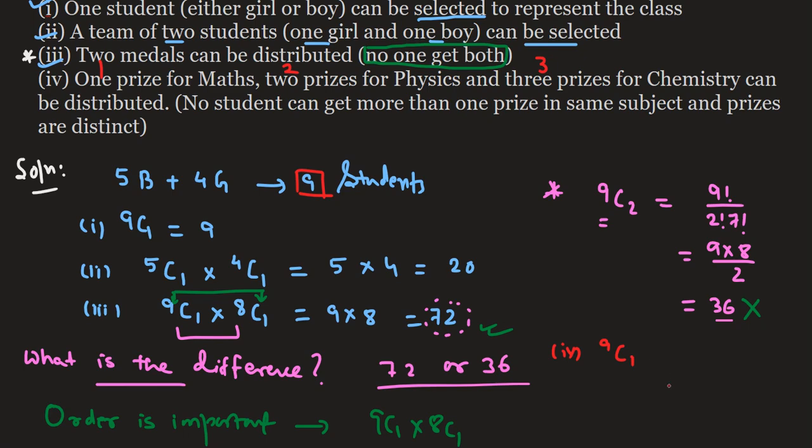Now among these 9 students, I am calling any 2 students for the physics books. Out of 9 students, if I call 2 students, I give them these 2 books. So in 9C2 ways I can select the 2 students. Now the physics books are not identical, they are different, so I can distribute among them in 2 factorial ways.